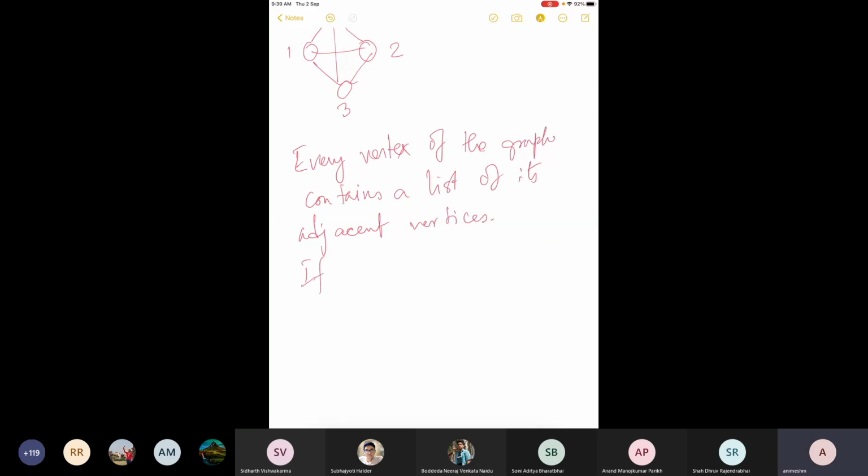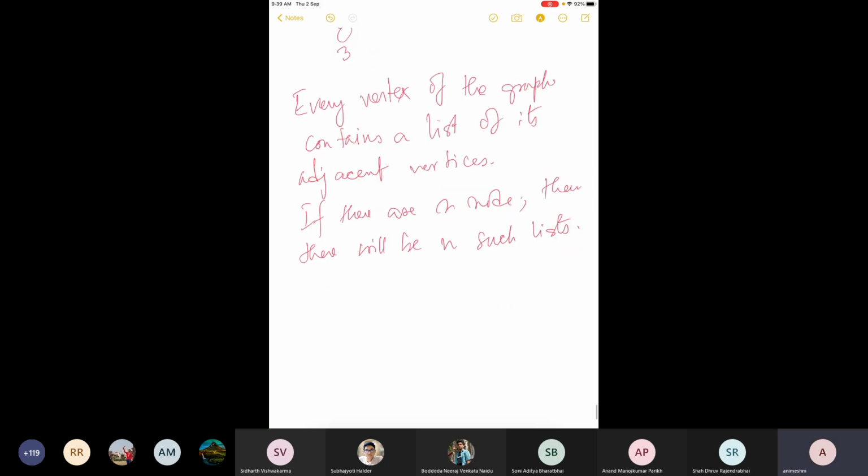If there are n nodes, then there will be n such lists, where list number i represents the nodes adjacent to node i.